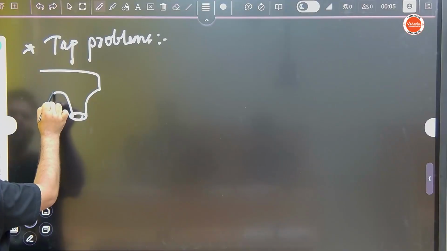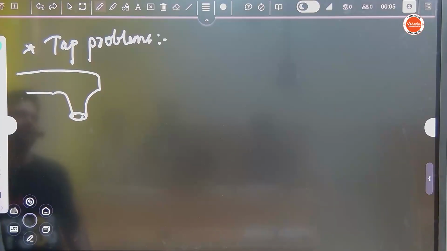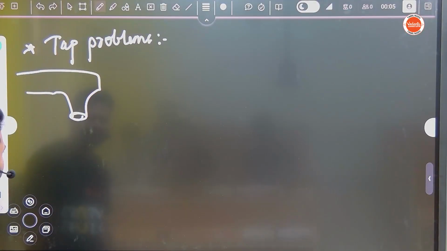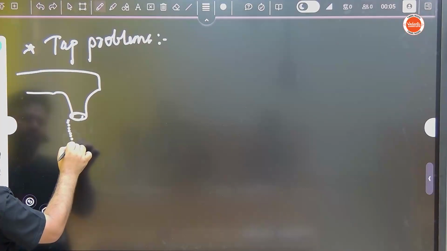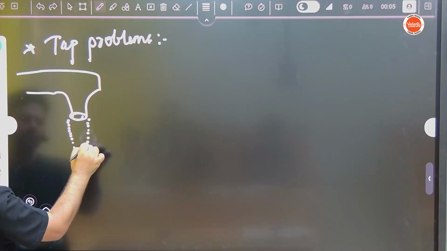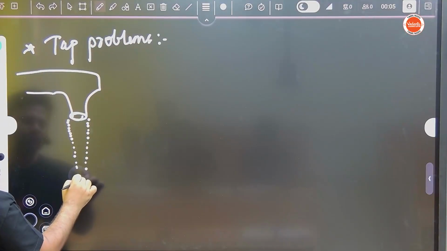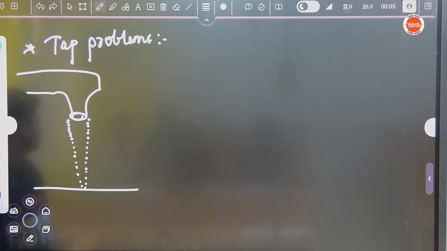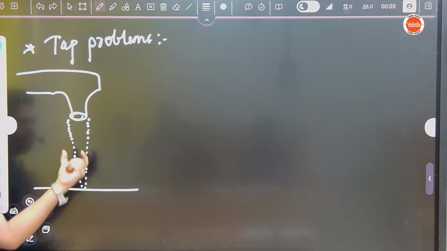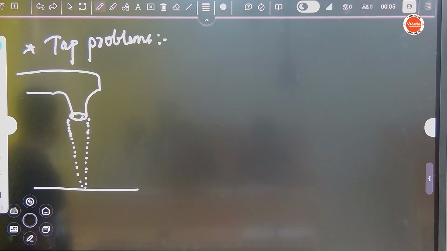My diagram is very bad, but suppose this is a tap. You must have seen that water comes out like this and falls on the ground. Here this area is broader and here this area is narrow.